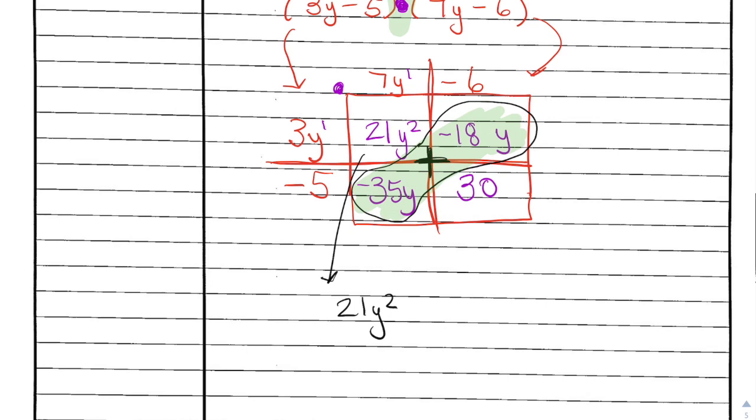So I get a total of negative, let's see, 53y. Hopefully I did that right. And again, we're just adding, so we just keep the y's the same, and then that's a positive 30. So I'm going to just connect that with a plus sign. And then that's my product, or my answer, when I multiply that all out.